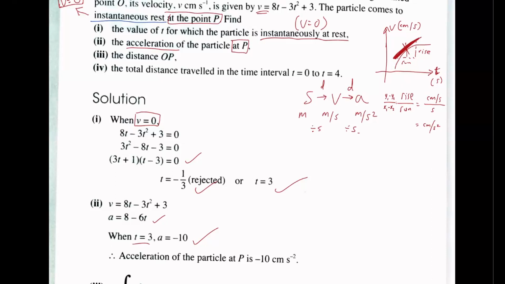V equals 0, which is exactly the answer from the given condition in part 1. So that means that t equals 3 will be relevant to the situation here. So you just have to sub in the t from part 1. It's because of this part, at P. It's just English comprehension. If they say acceleration in terms of t, then you don't have to sub the t. Okay?